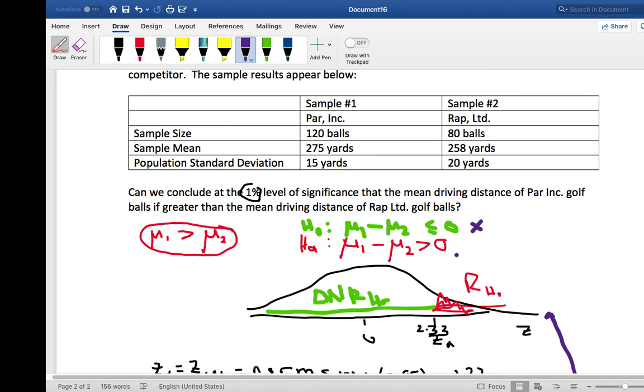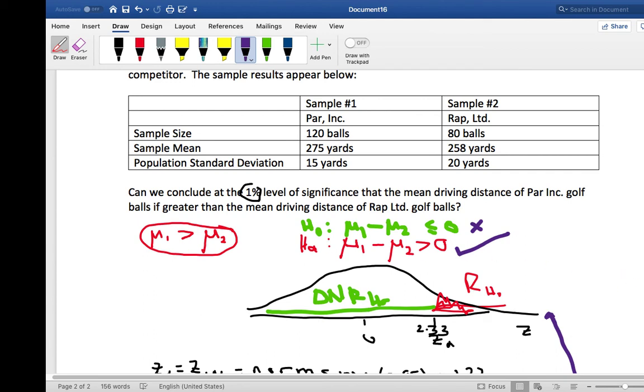Now that I know I'm going to reject H0, it means that the actual assertion that they made seems good. Based on this sample and all the constraints that we've got, it does appear that the par golf balls do in fact go further than the wrap golf balls.